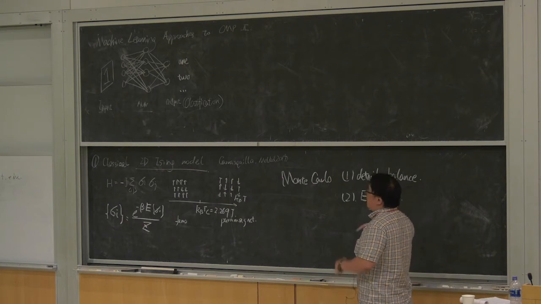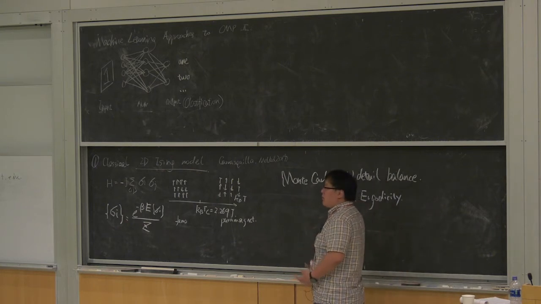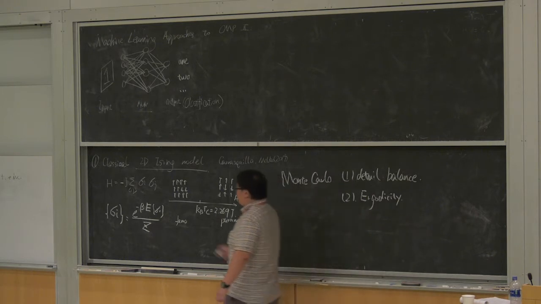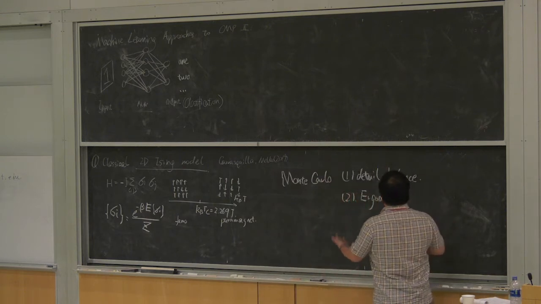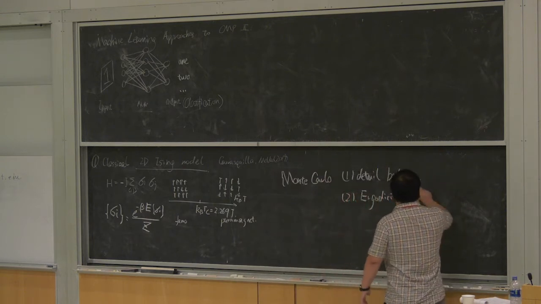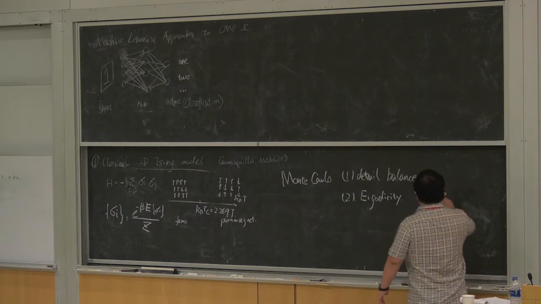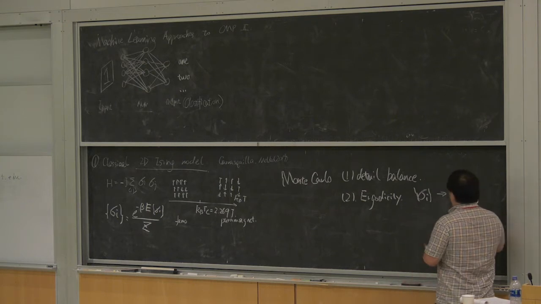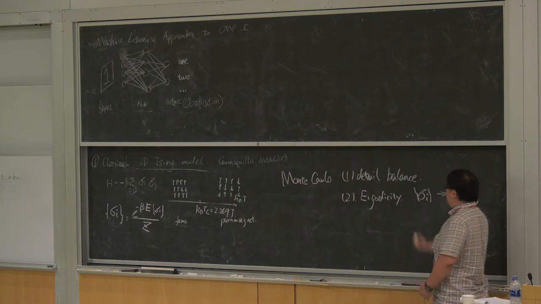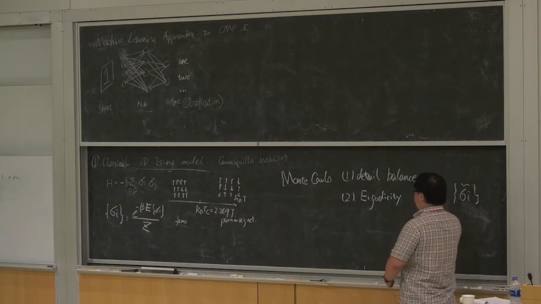The detailed balance will ensure that all of these configurations are going to appear with the wanted probability or weight. The way of doing that is, when you propose an update, let's say from the sigma i configuration to the sigma i tilde configuration, let's say you just update one spin. Then you calculate the energy difference between these two configurations.